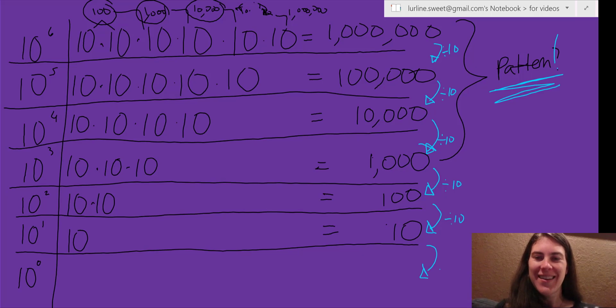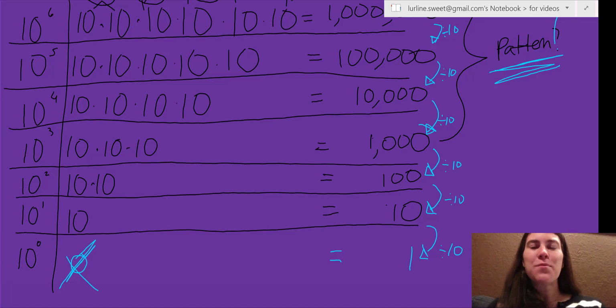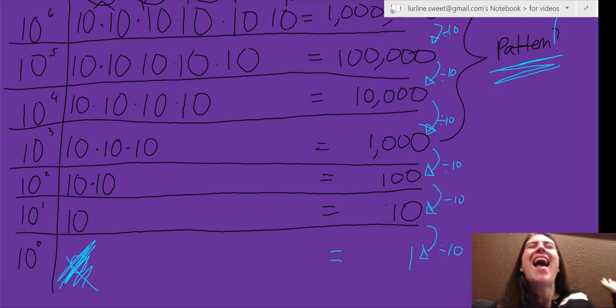We should divide by 10 again. Oh, I know, it should be 1. 10 to the 0th power, you think it's going to be 0 because there are 0 10s. But no, it's not. It's 1, because dividing by 10 makes a pretty pattern.